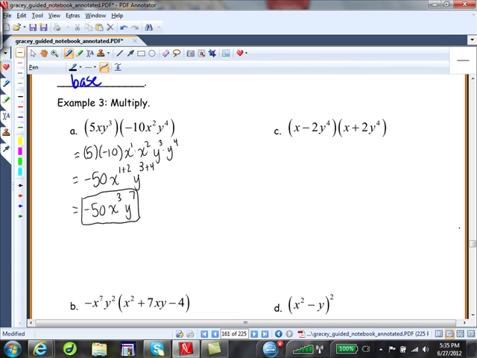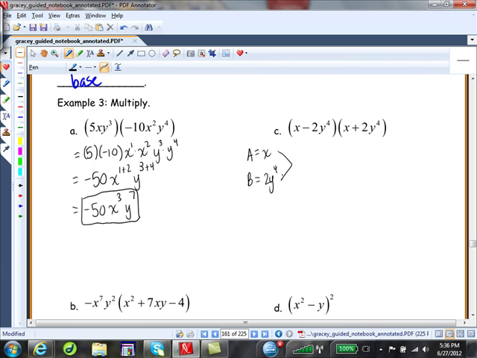I'll go ahead and do C with you. And there's a couple of ways you can do C. What do you notice about it? Do you see that you've got the same ends, x and 2y to the 4th, x and 2y to the 4th? There's a minus and a plus, right? So my A would be x, and my B would be 2y to the 4th.